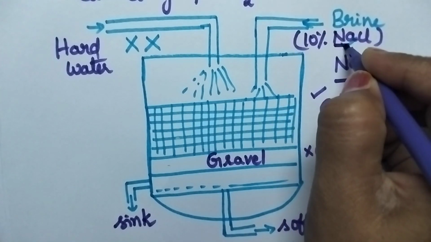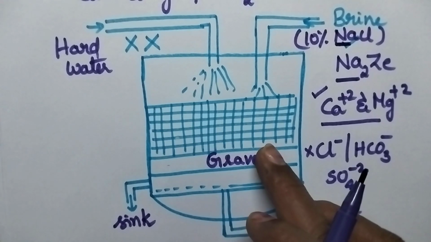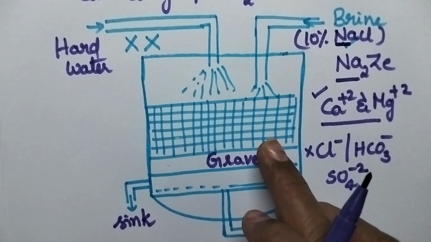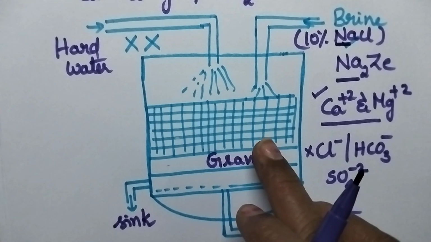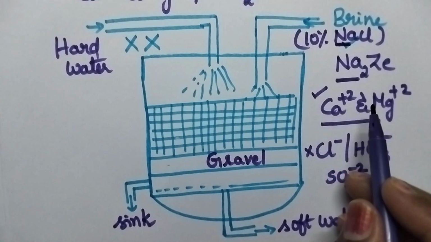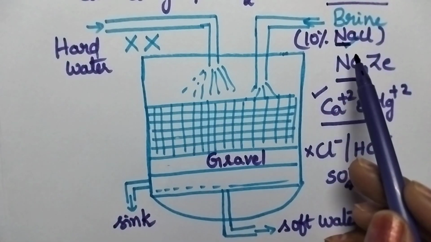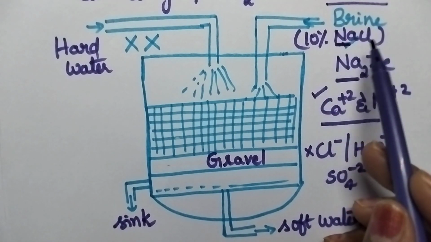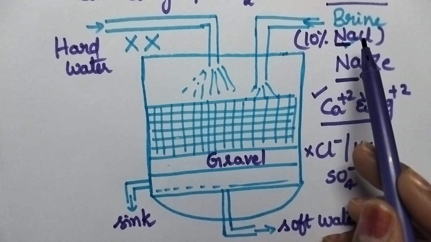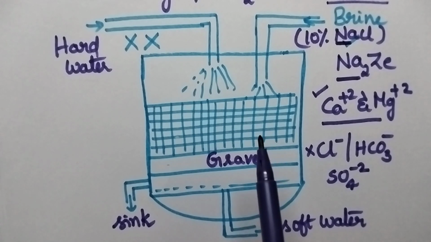It contains sodium ions, and hence this zeolite bed can regain its sodium ions, and after some time this regenerated zeolite bed is ready to remove again calcium and magnesium ions present in the hard water. So by using brine solution, it is possible to regenerate the exhausted zeolite bed. It is the total process of zeolite.